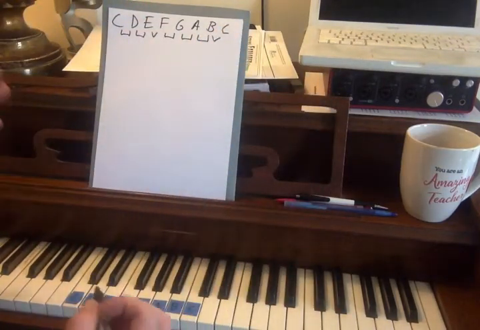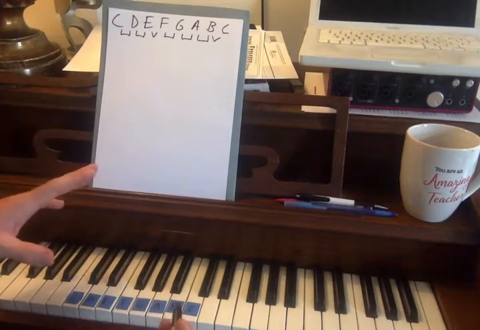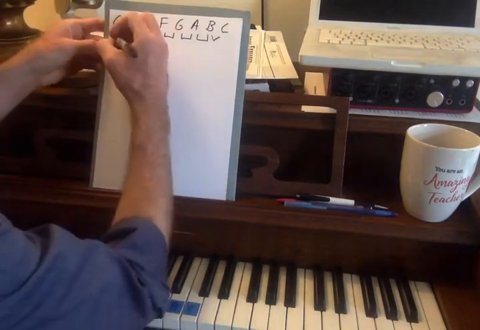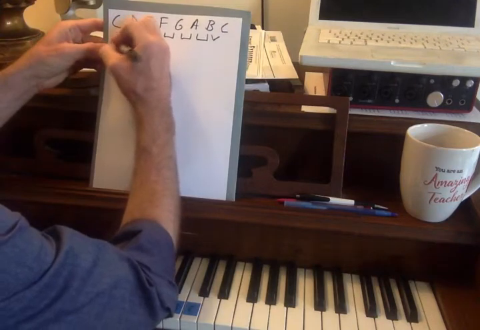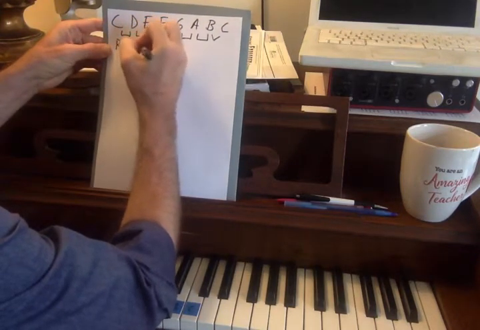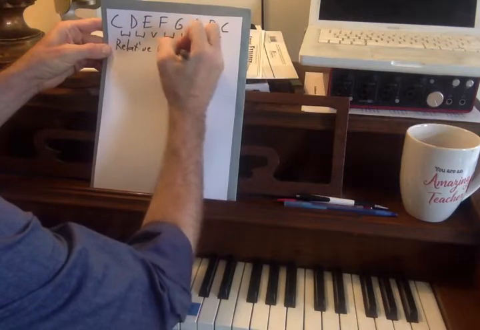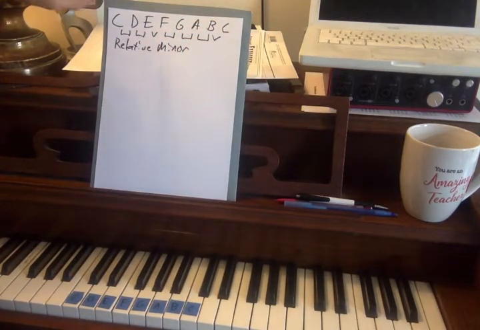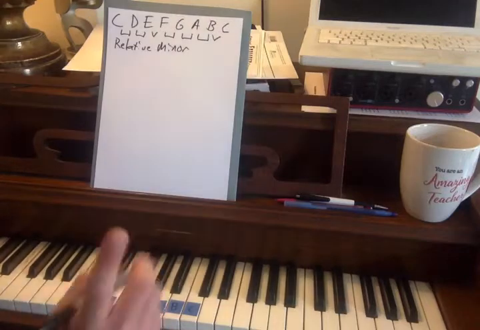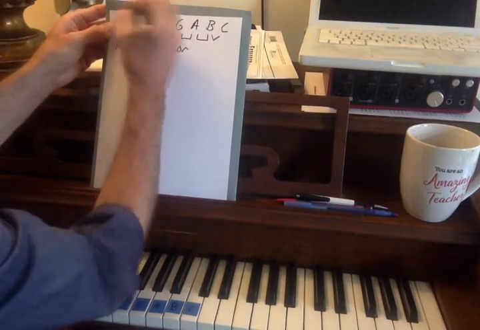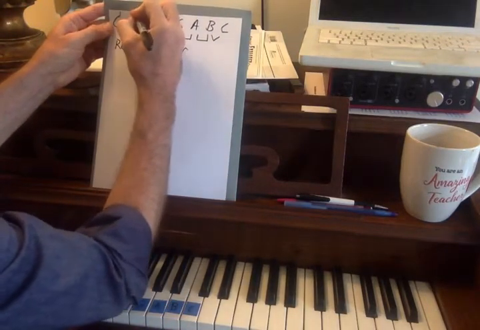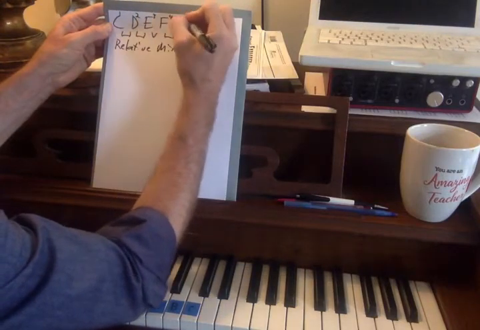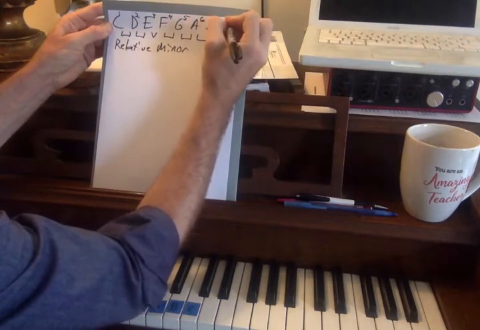Great. So the way minor works is that there's a first thing called relative minor. And the way you get relative minor is you use the same notes as the major scale, but instead of starting on the first note, you start on the sixth note. So, I'm going to number these, scale degrees wise. So this is 1, 2, 3, 4, 5, 6, 7, 1.